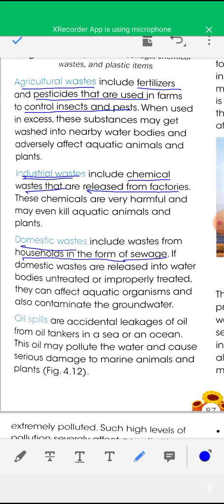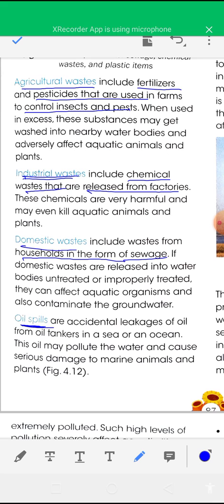If domestic waste is released into water bodies untreated or improperly treated, it can affect aquatic organisms and also contaminate the groundwater. Oil spill is a very important cause of water pollution. What are oil spills?